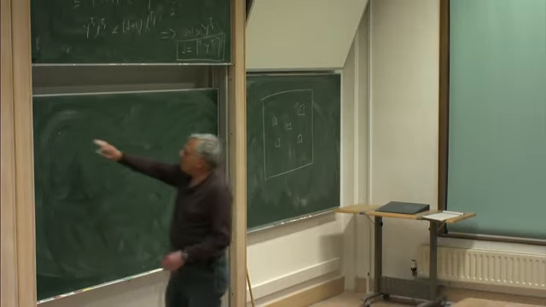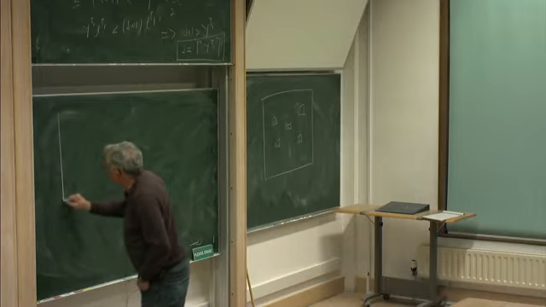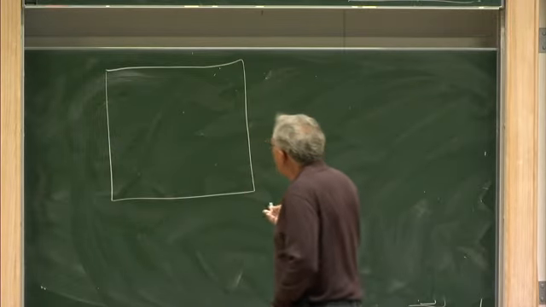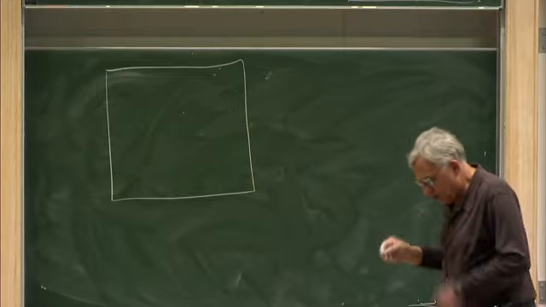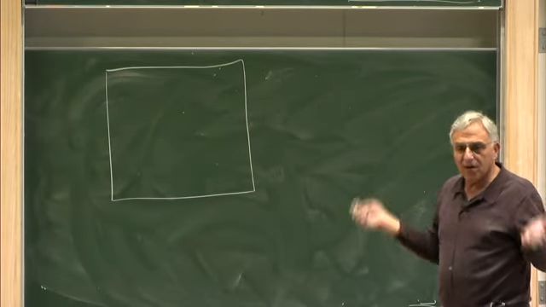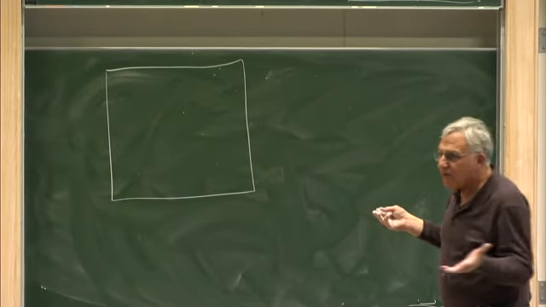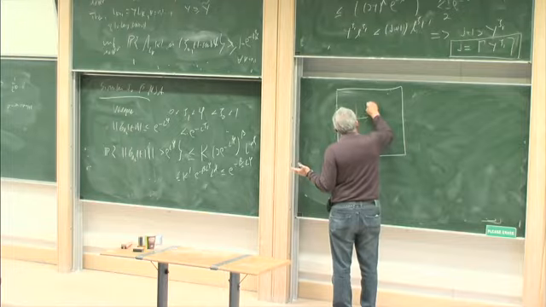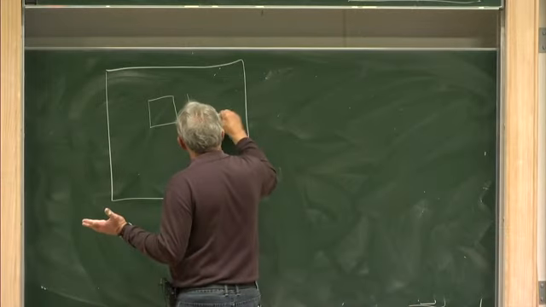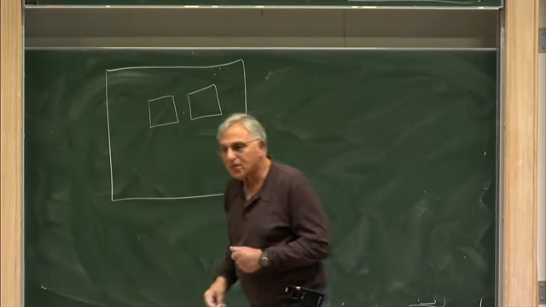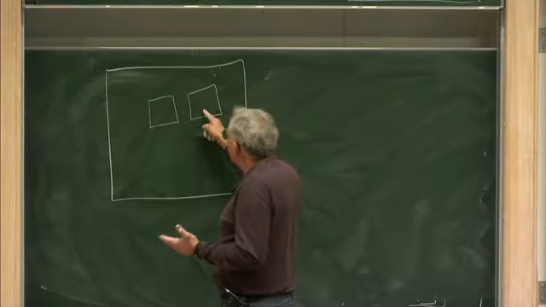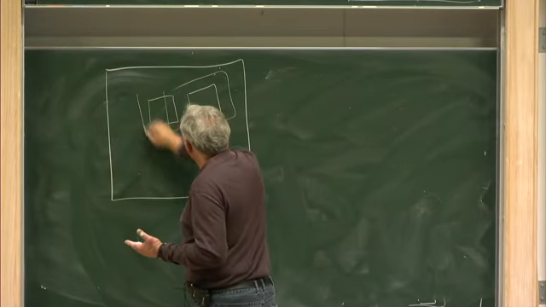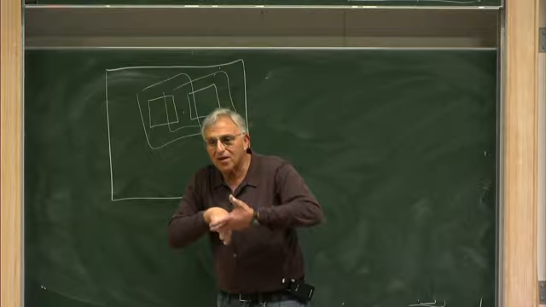My problem now is the following. If I only had one bad box, I just put a buffer and I was done. But when I have more, I can run into problems, because suppose I have these two. Well, the buffers will intersect.